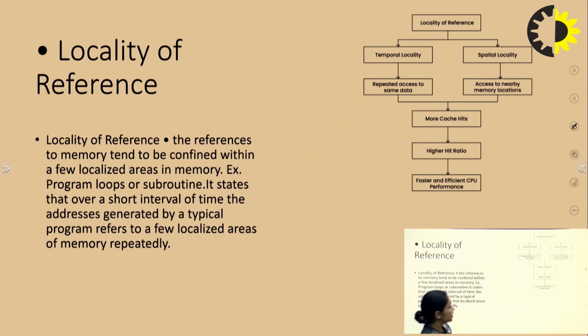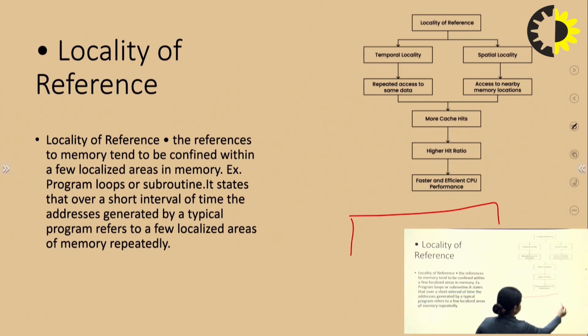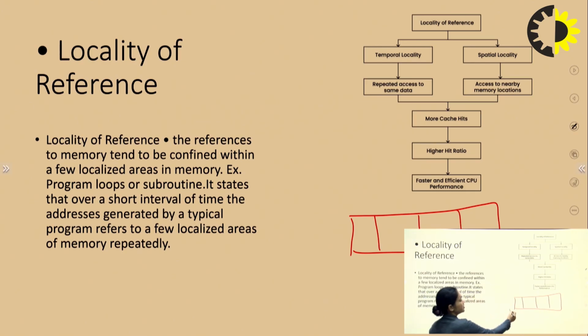Suppose there is an array and a for loop. First it will access this one, then this one, then this one, and then this one. So if it is accessing the 0 index, there is a higher possibility that it will access the next place also.